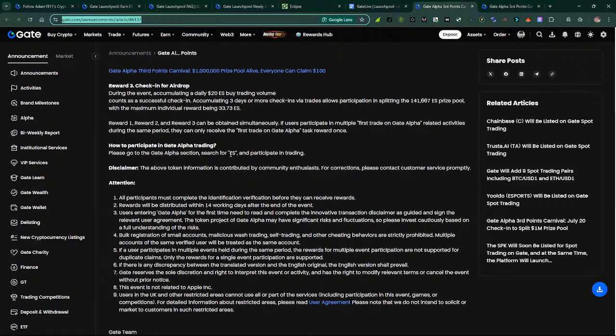The next one is like if a user participates in multiple events held during the same period, the rewards for multiple event participation are not supported for duplicate claims. Okay, so only the rewards for a single event participation are supported. So if you are participating in one alpha event, don't expect to get reward from another one.